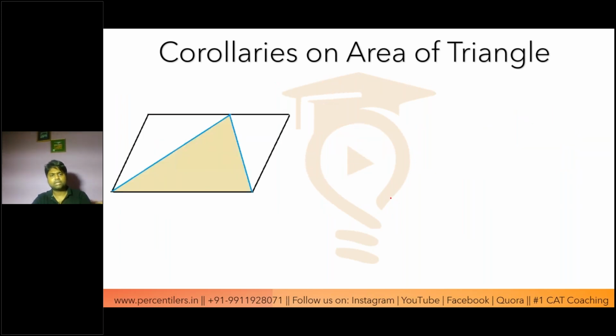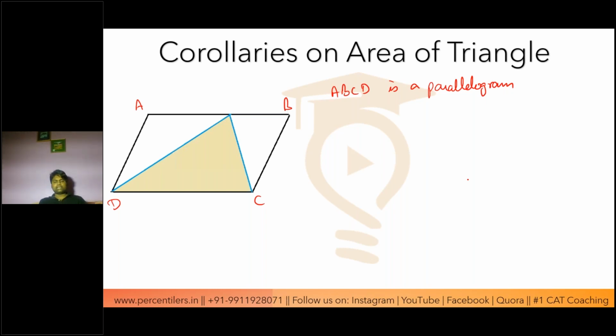Second corollary. ABCD is a parallelogram. Parallelogram, basically everybody knows, each pair of opposite sides are parallel.